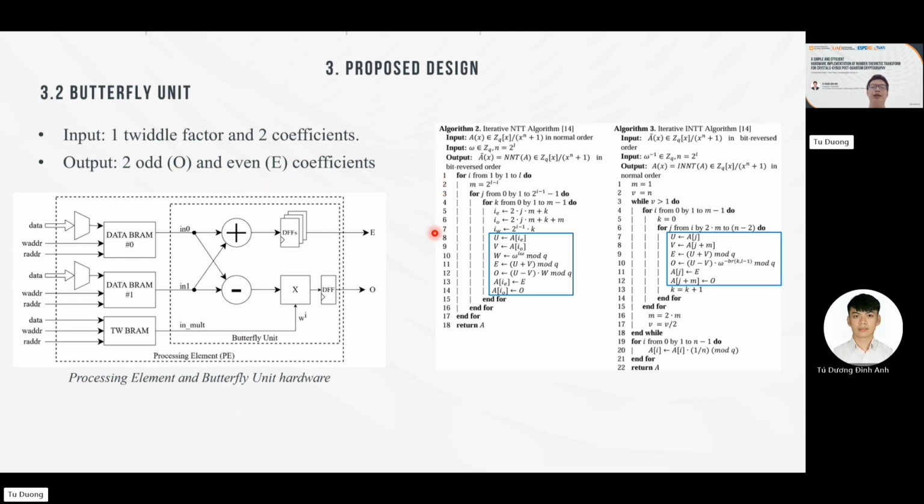You can see here the hardware implementation for the NTT and inverse NTT algorithm.